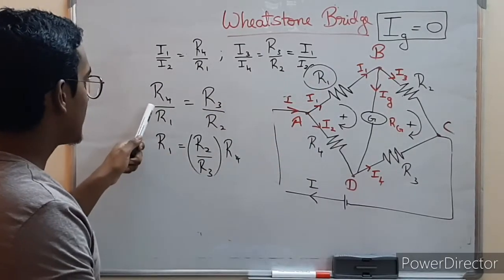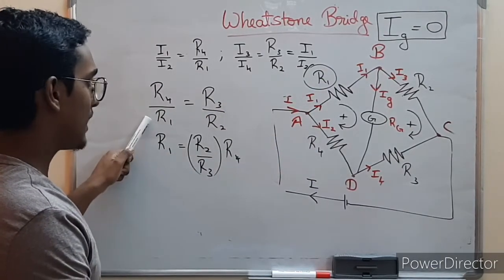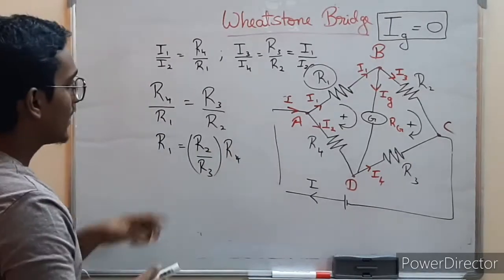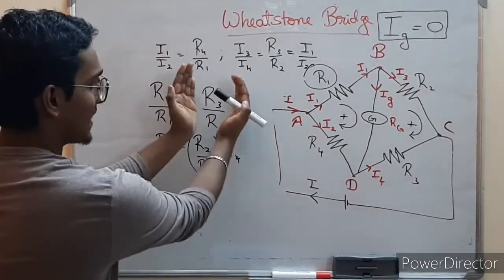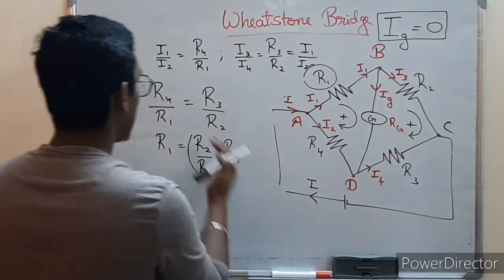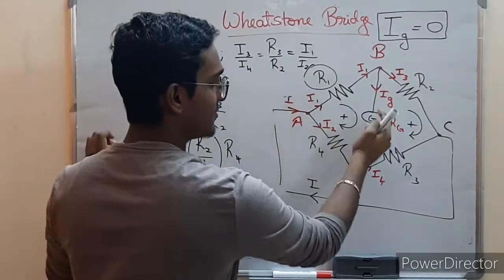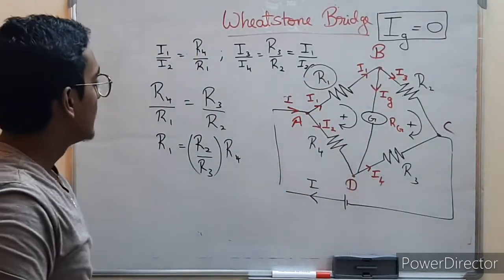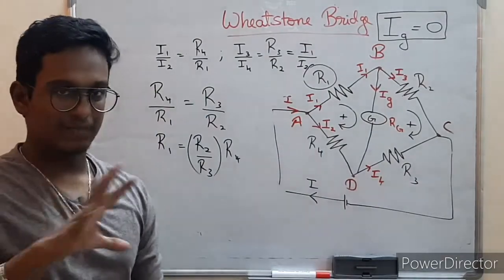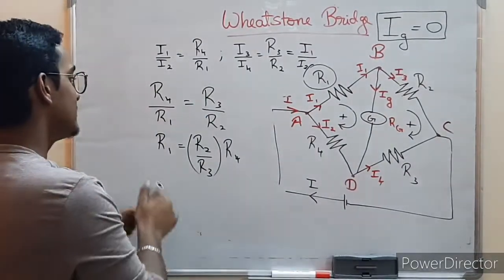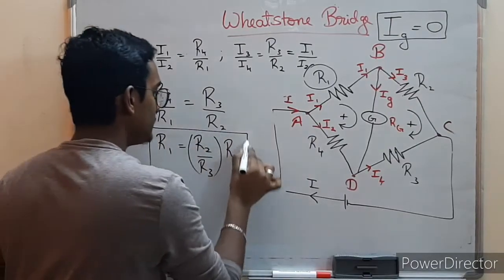For example, you can make it as R4 by R1 or R1 by R4 equal to R3 by R2. You see, one side has only this part, other side has only this part, as if this was splitting it into two. So you just have to be careful you don't mess up the orders in which you take it. So this is the unknown resistance.